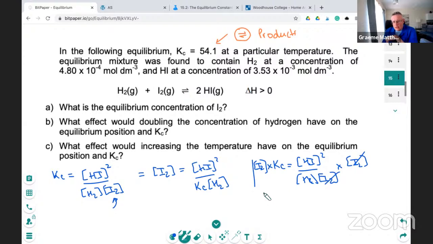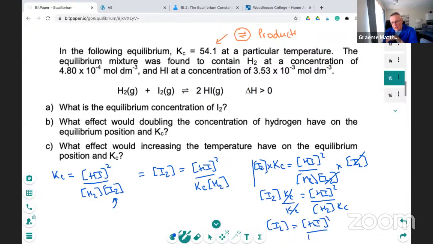And then you got I2 times Kc is equal to HI squared over H2. And maybe you divide both sides by Kc. So I2 is equal to the same thing as I got: HI squared over Kc times H2.